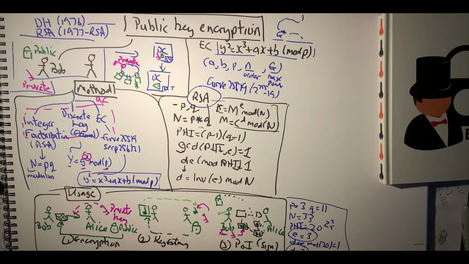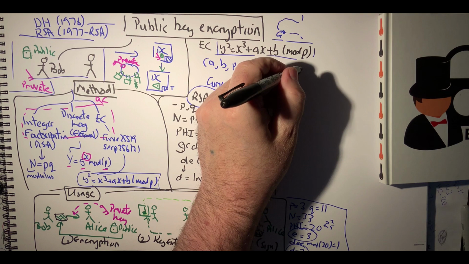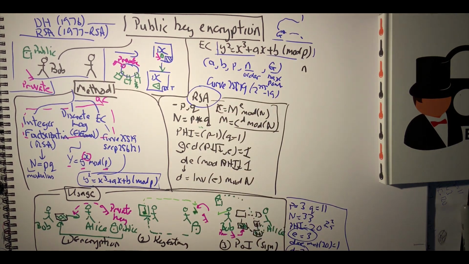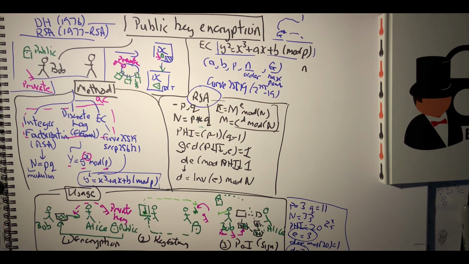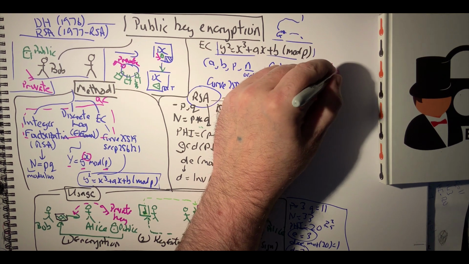So that gives us our basic curve for that. And how do we actually use this? Well, the way that we do this is that we come up with our private key value n. So n is our private key.